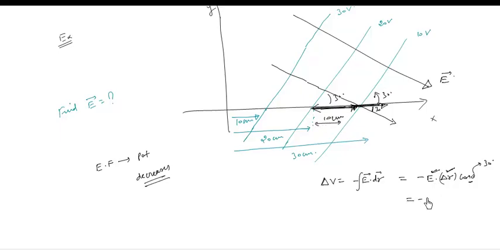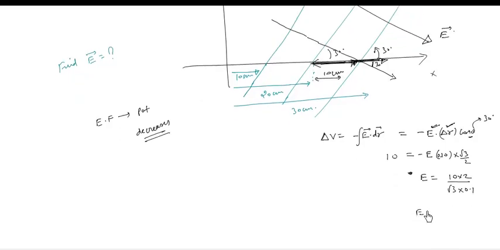So minus E into 10 centimeter, that is 0.1 meter, into cos 30, which is root 3 by 2, is equal to delta V. Delta V is simply 10 volt. So the value of electric field comes out to be equal to 10 into 2 by root 3 by 0.1.